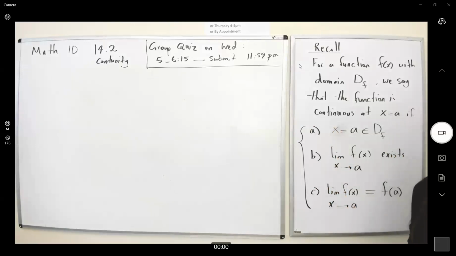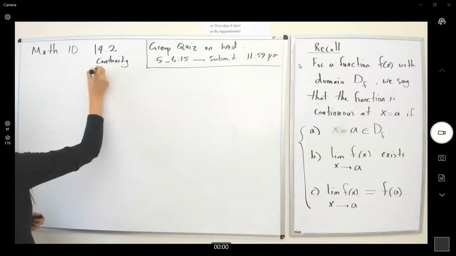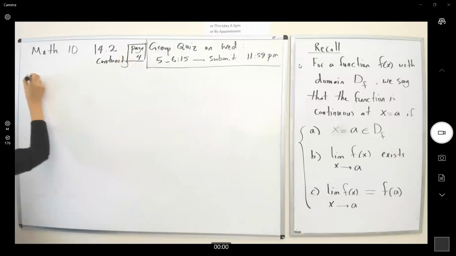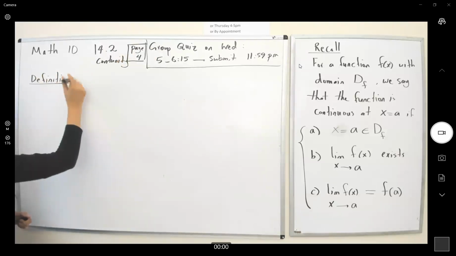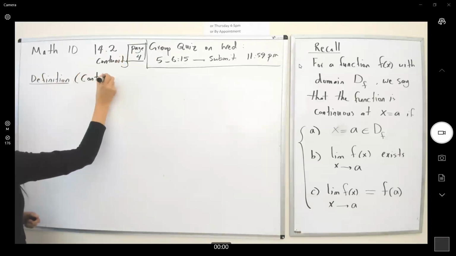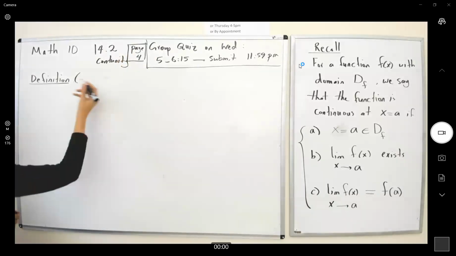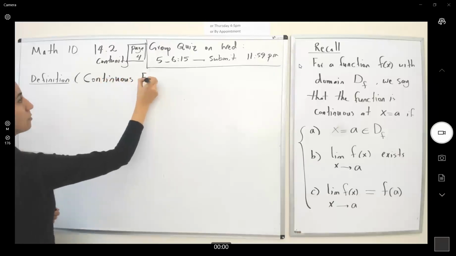We have the exact same conditions for a function in 2, 3, or more variables. So we say that, page 4, definition, continuity, continuous function.